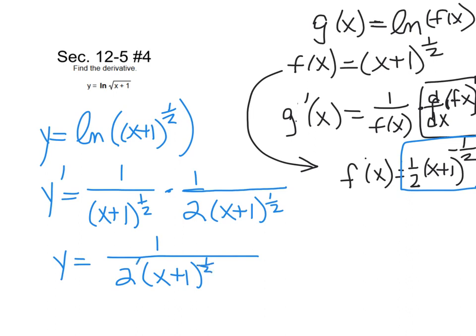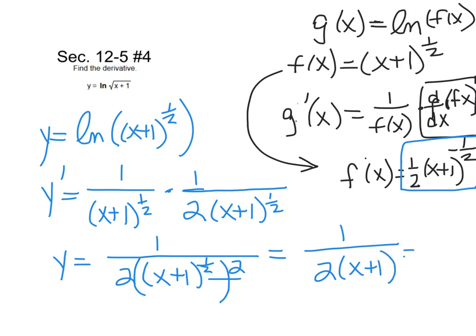But because there's two of those, x plus 1 to the 1/2 times x plus 1 to the 1/2, that's x plus 1 to the 1/2 squared. Here's where your rules for exponents are going to come back in. And since 1/2 times 2 is equal to 1, then our derivative is 1 over 2 times the quantity x plus 1.